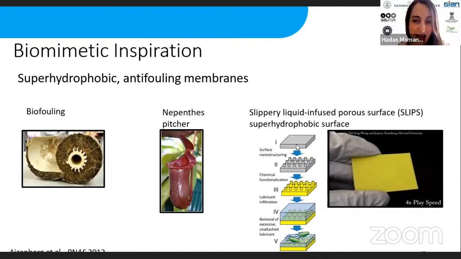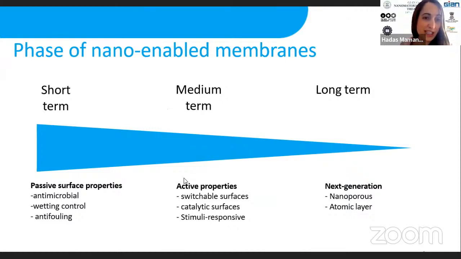This is done by surface nanostructuring, chemical functionalization, lubricant infiltration, and then removal of the excess unattached lubricant, which will allow the surface to be slippery and super hydrophobic.